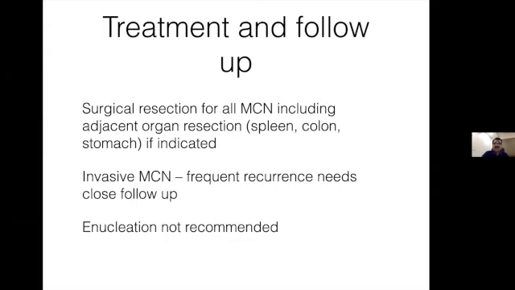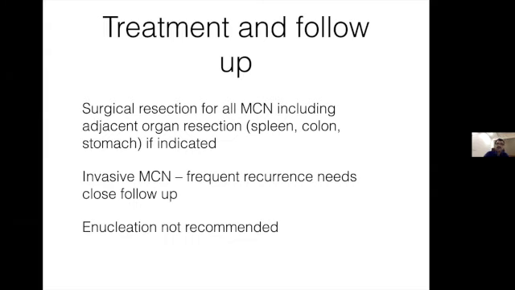Even if there is adjacent organ involvement like spleen, colon, or stomach, it may be resected along with the specimen. If there is a non-invasive or early invasive tumor arising in a cystic neoplasm, they have a better outcome than the corresponding pancreatic ductal adenocarcinoma. So after resection, some of these patients may develop recurrence.